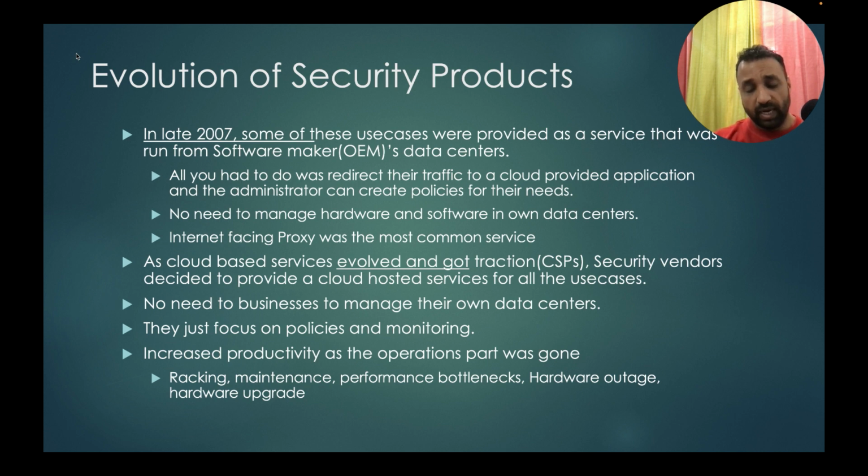So the enterprise or the organization can just redirect the traffic to the OEM's data center, and they don't need to buy any hardware, which is good, right? A lot of operations work is gone, and they can just focus on administration. It started with proxy, to my understanding. If I remember correctly, 2007, 2008, I know about companies who were in that business. Some of them don't exist anymore.